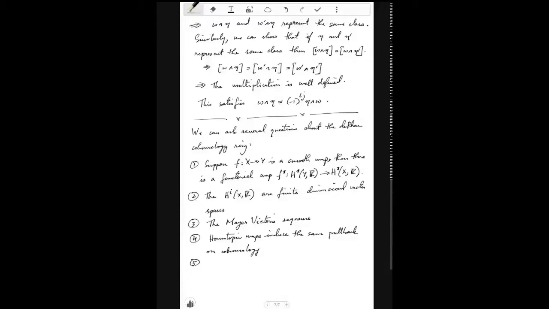Can we write the cohomology ring of X times Y in terms of H star X and H star Y?